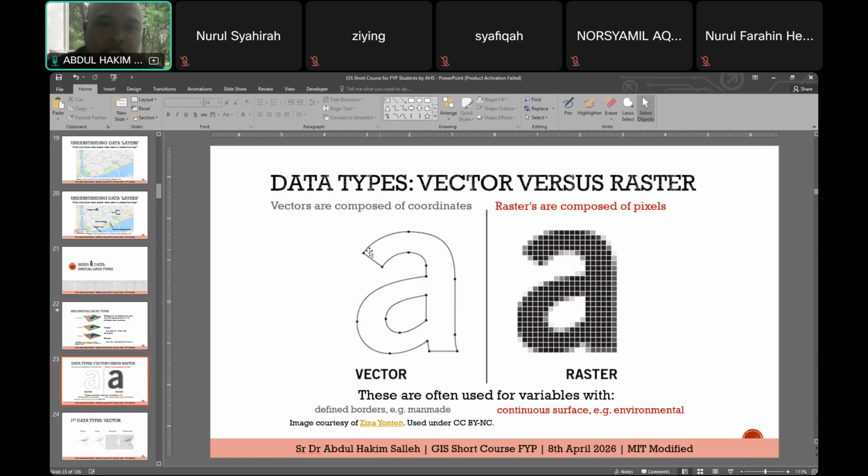It is just a few points comprising this letter A. Just a few points, it can produce a letter A like this. Compared to raster, it comprises hundreds of pixels. Okay, it is in the form of pixels. So raster means pixels, vectors means coordinated points.